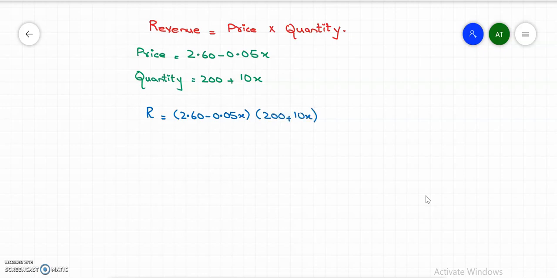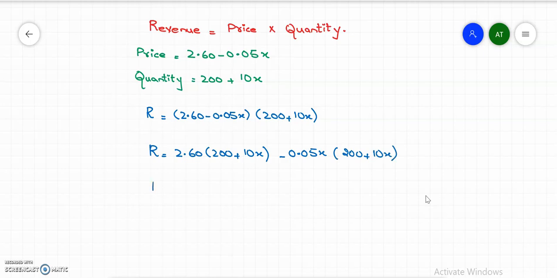Now I want to use the distributive property. So first I would like to distribute 2.60 and then negative 0.05x. 2.60 is going to distribute with 200 plus 10x, and negative 0.05x is going to distribute with 200 plus 10x.